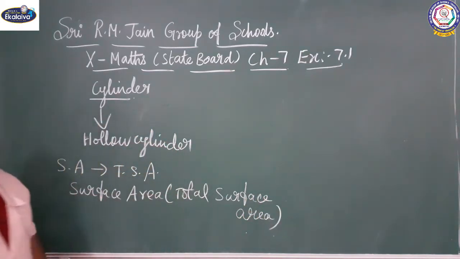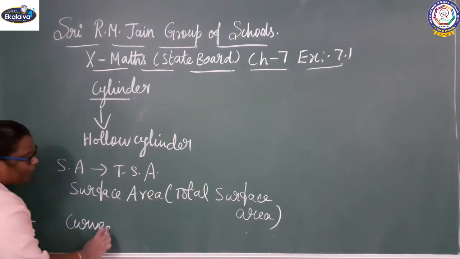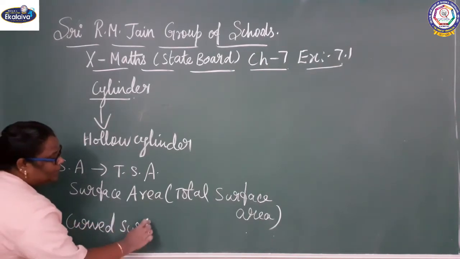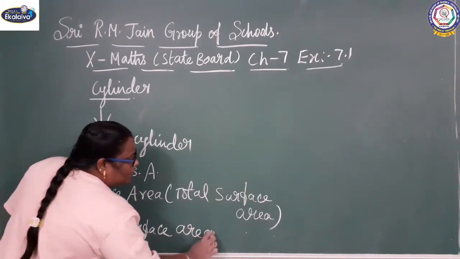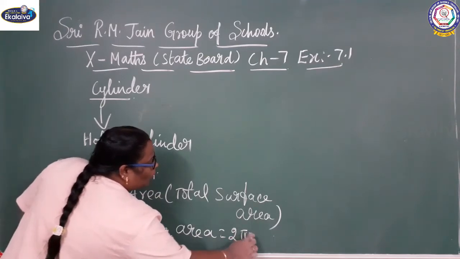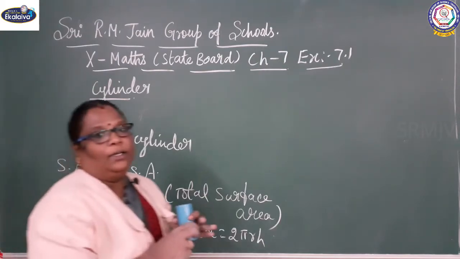What is the formula for curved surface area? Curved surface area equals 2 pi r into h, where 2 pi r is the circumference of the circle.